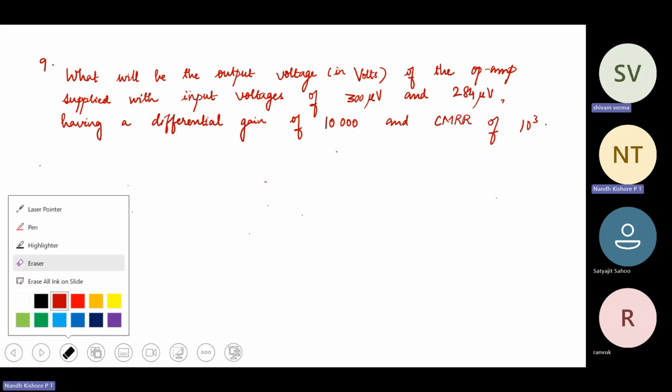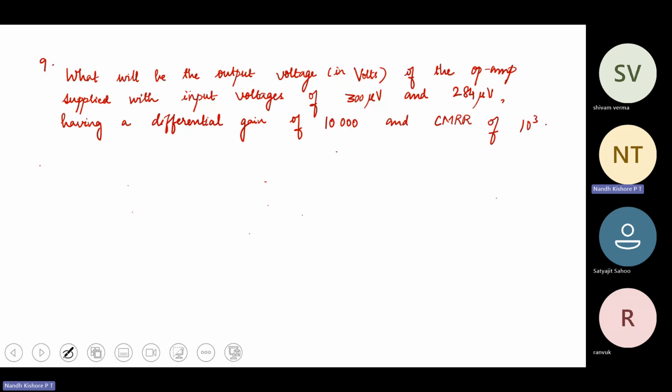So let's just note down what they have given over here. They have given differential gain, right? We call the differential gain AD. AD is basically 10,000.